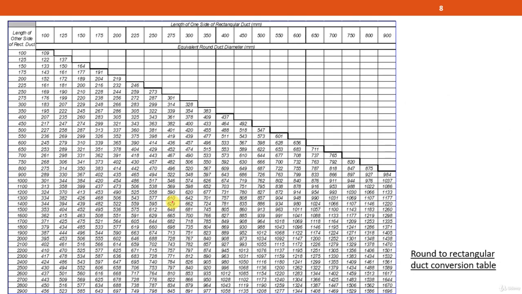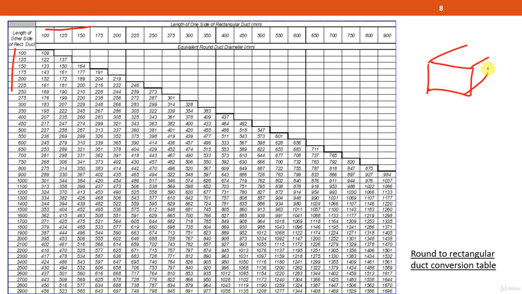Okay, now if we want to convert the round duct into a rectangular duct, you have to use such a table to find out. The numbers that you see inside over here are the round duct diameter. And the numbers that you see at the left hand side and at the top are the two sides of a rectangular duct.